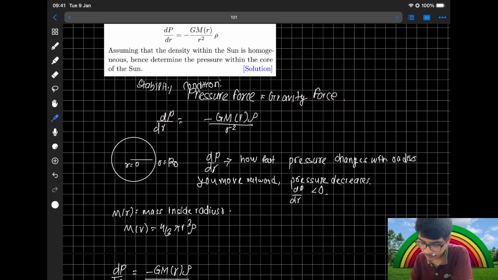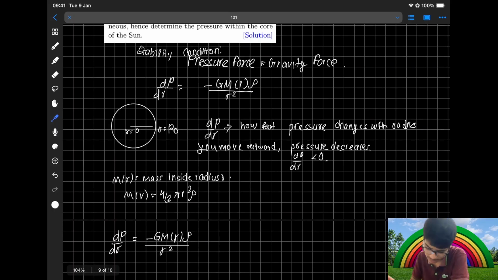Everybody knows this. Why is it negative? It's negative because dP by dr is how fast pressure changes with radius, and when you move outward, the pressure will decrease. So we have dP by dr equals minus G M r density by r squared.